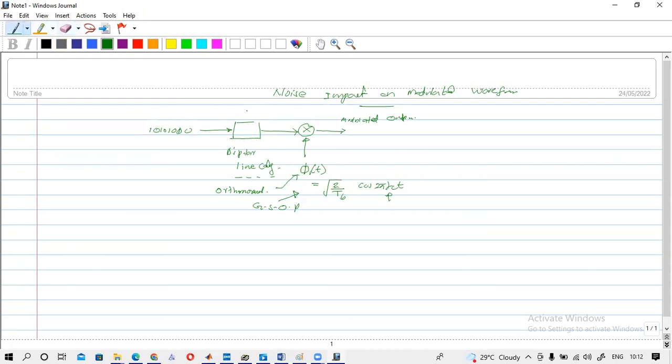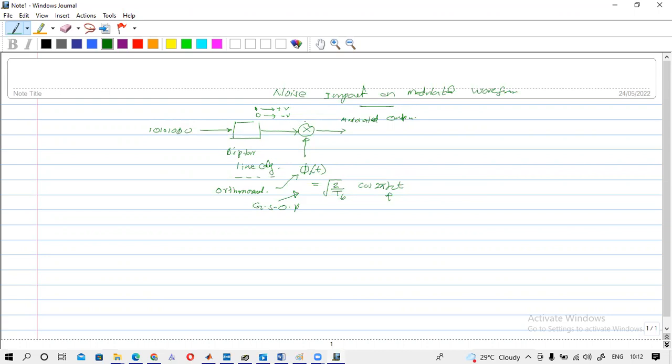We know that we have 1 and 0. For 1 in bipolar line coding we will assign a positive voltage, and for 0 we will assign a negative voltage. That is bipolar, we have two polarities.